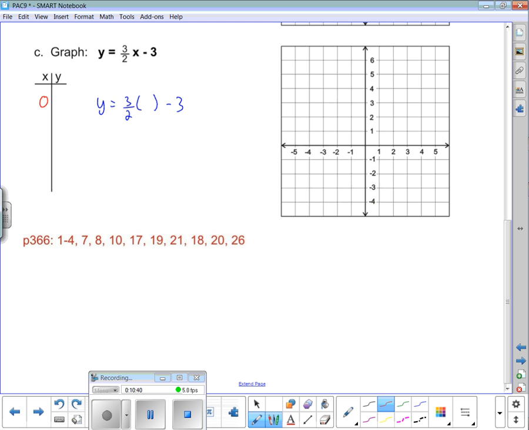All right. Well, 0 is easy because 0 gets rid of the fraction, doesn't it? Anything times 0 is 0. All right. So 3/2 times 0 is 0. 0 minus 3 is a negative 3. All right. Our first point is 0, negative 3.